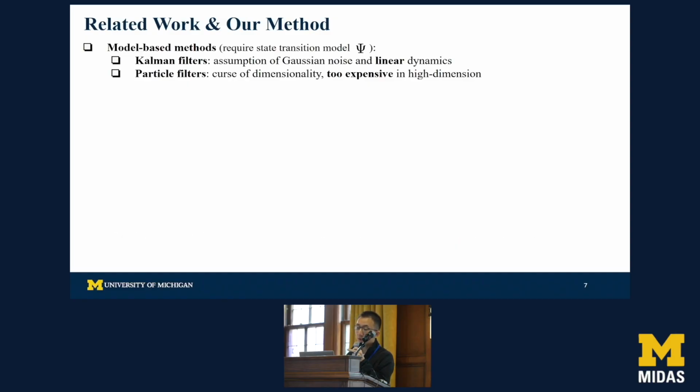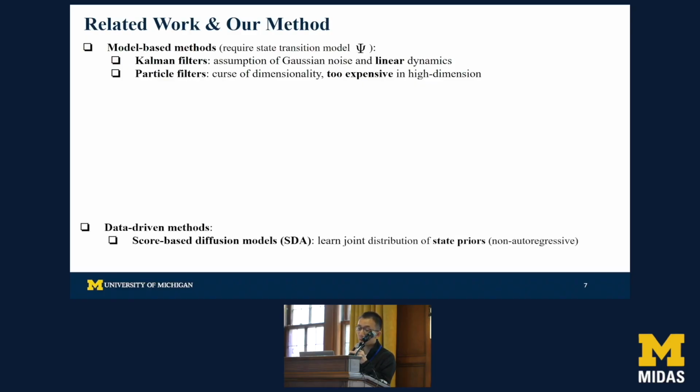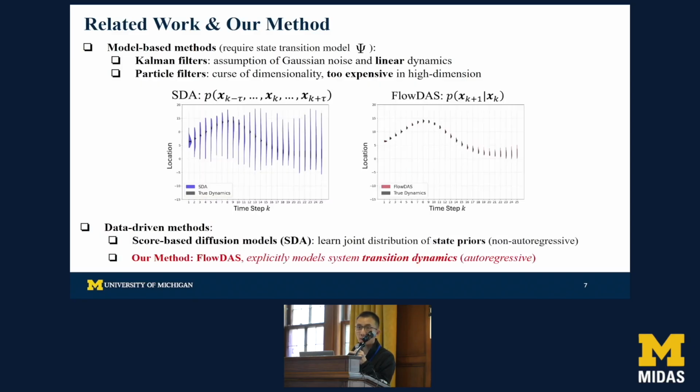Oh, so the model-based here, like the Kalman filter or particle filter, needs to know the state transition model ahead of time. But for our method, the state diffusion-based method and also our flow DAS, we don't need to know the state transition. We're going to learn it from the training data, generalize it to new tasks, and do predictions.